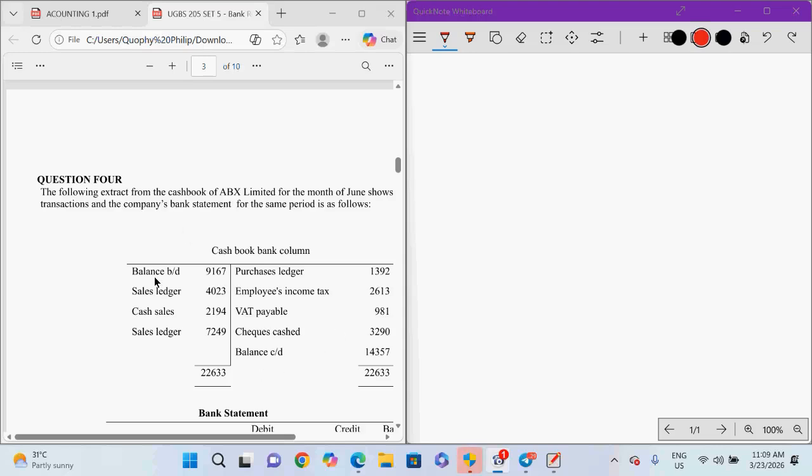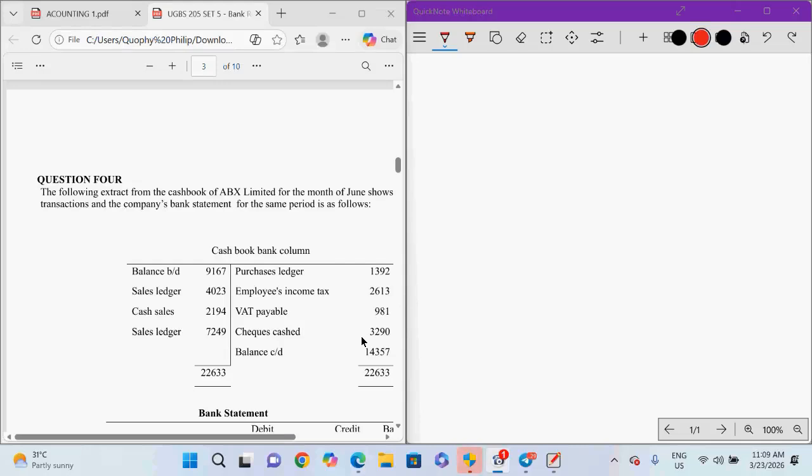So we'll be solving about 2 questions on BRS and we would look at final accounts as well. With the BRS, it can also come in a table form, right?